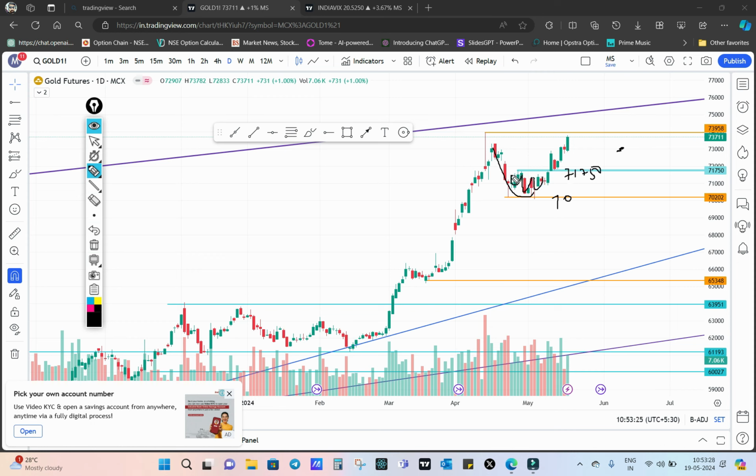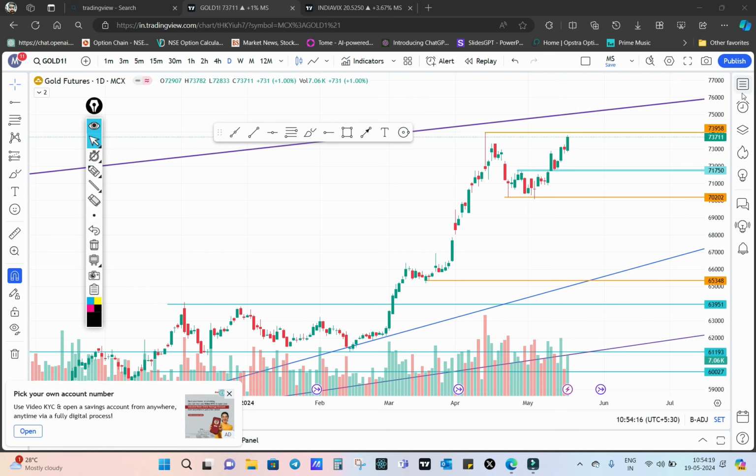In the last video I gave the inverse head and shoulder breakout, taken support, and then further move. So the next levels would be 74,200, then 74,800, and then 75k. Support you need to follow is around 72,800. So the immediate support is 72,800, and the immediate resistance would be 74,200 in gold.